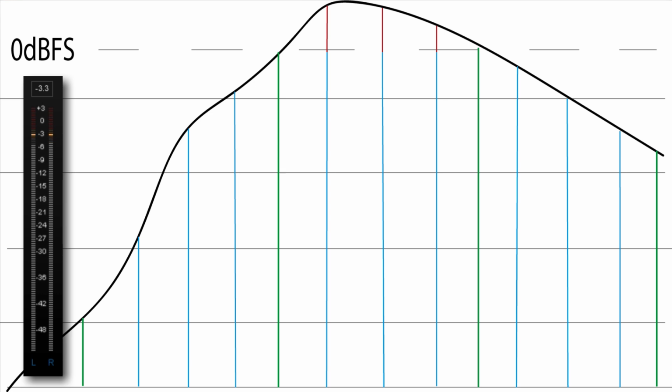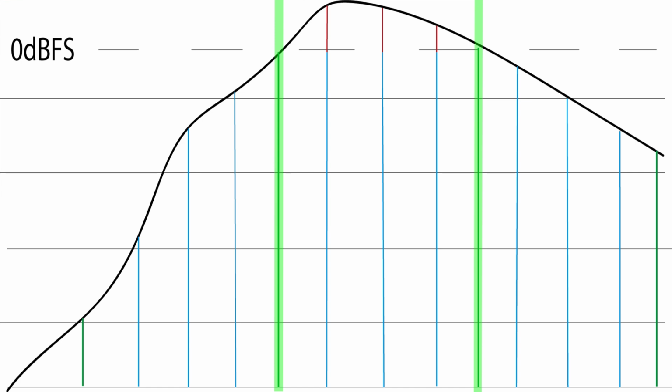True peak meters will display what's likely to happen between the samples when the audio is converted back into analog, and we can also be confident that we will not overload these lossy codecs and so end up with distorted tracks being delivered to the consumer.